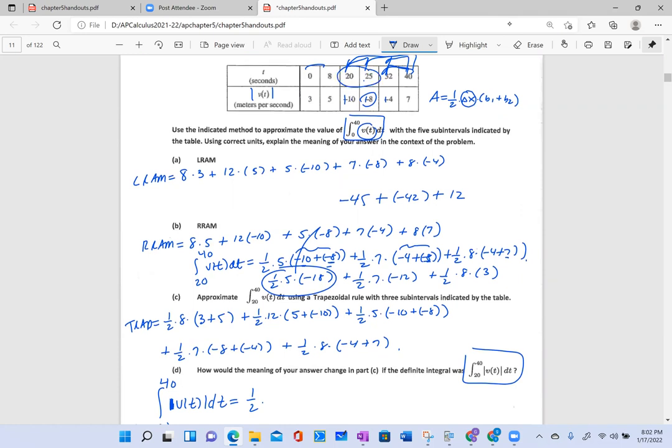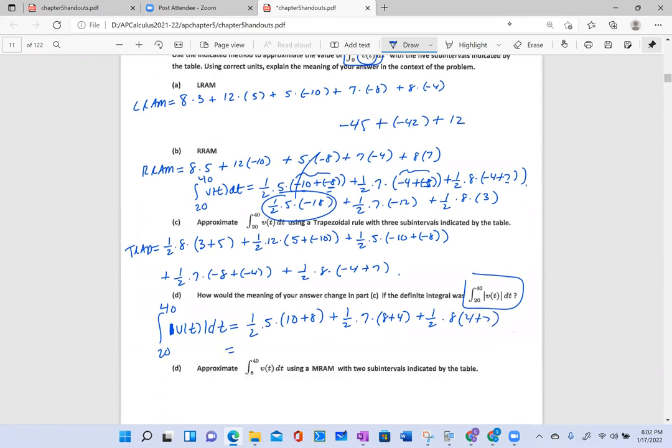So the difference here is 5 times positive 10 plus positive 8, plus 1/2 times the difference in these x's, which is 7, times 8 plus 4, plus 1/2 times 8 times 4 plus 7.